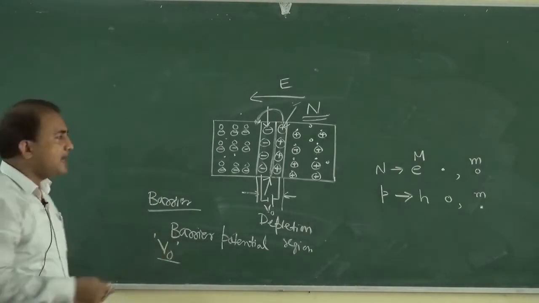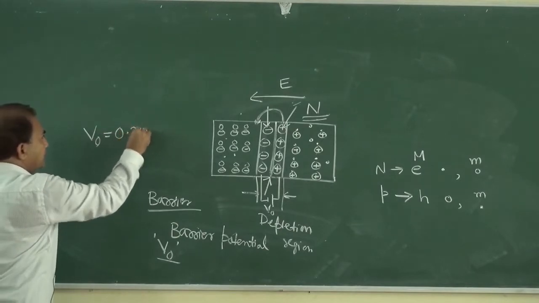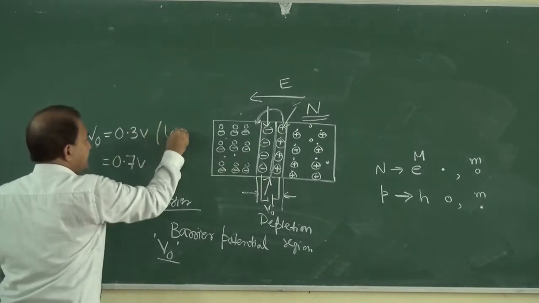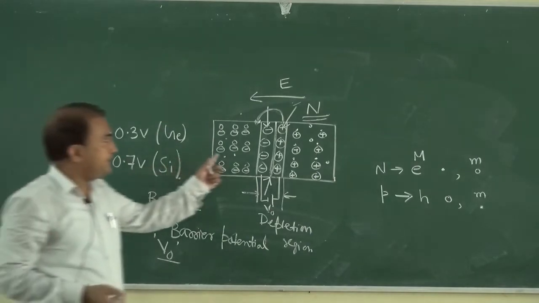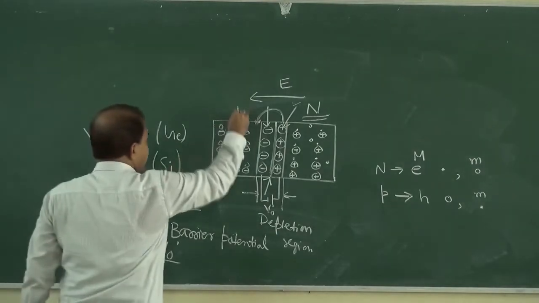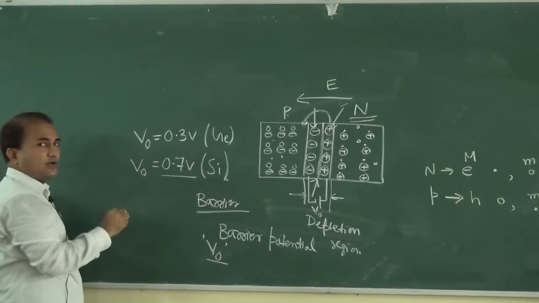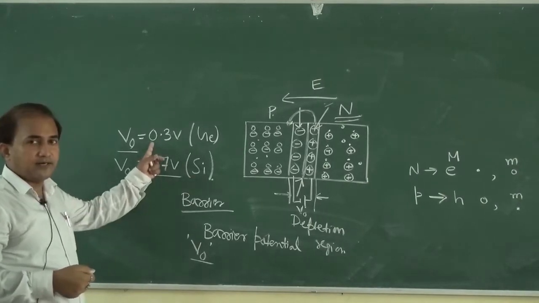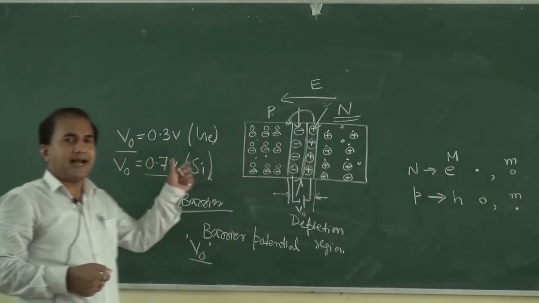The barrier potential is 0.3 volt for germanium and 0.7 volt for silicon. If the p-type and n-type semiconductors are made of silicon, then V0 is 0.7 volt, and similarly V0 is 0.3 volt if they are made of germanium.